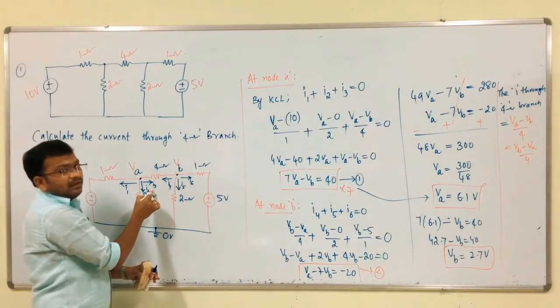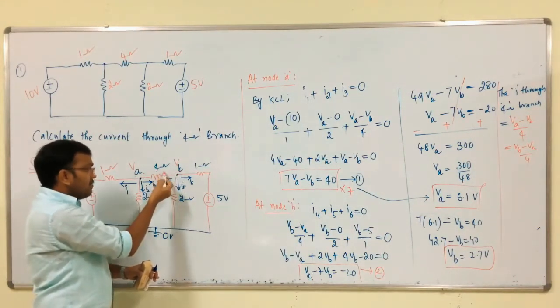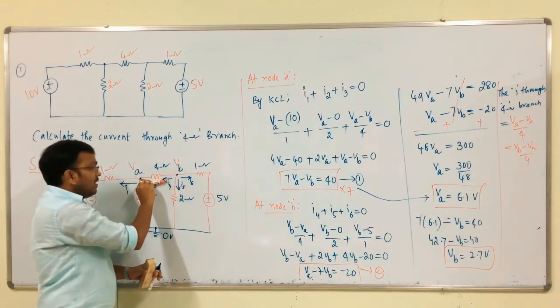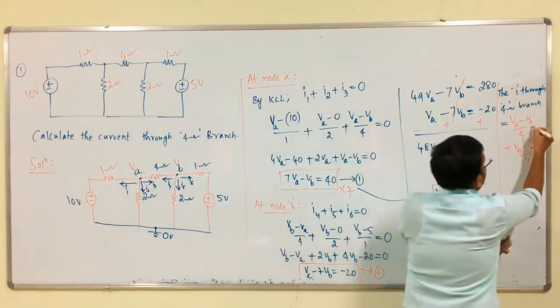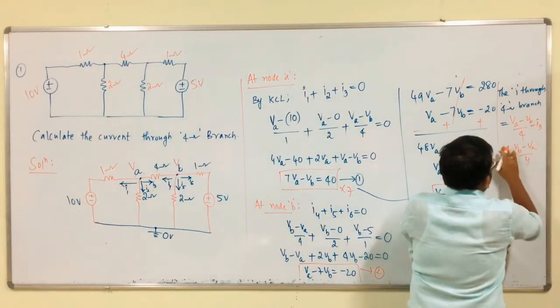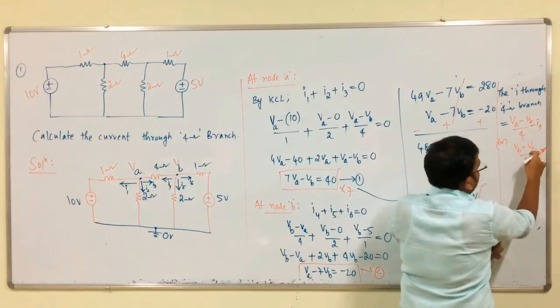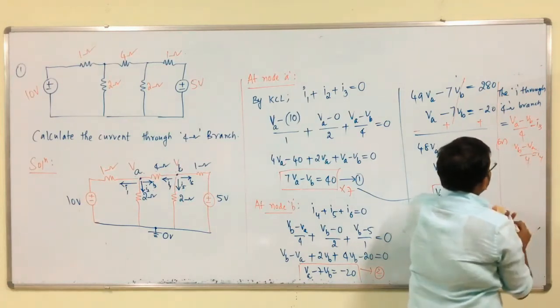That is I3 or I4. The current through this branch is I3, current through this branch is I4. So, I3 is VA minus VB by 4, and I4 is VB minus VA by 4.